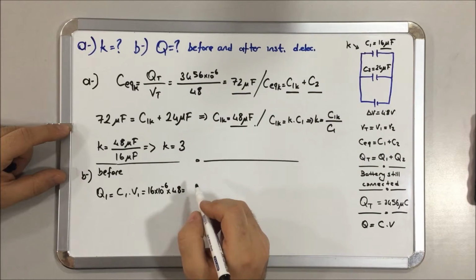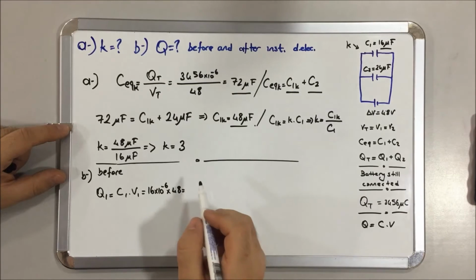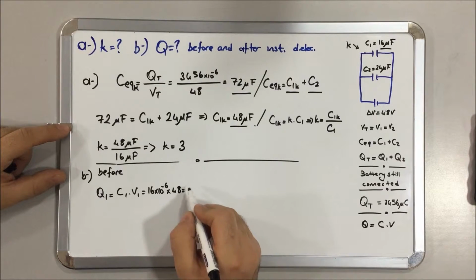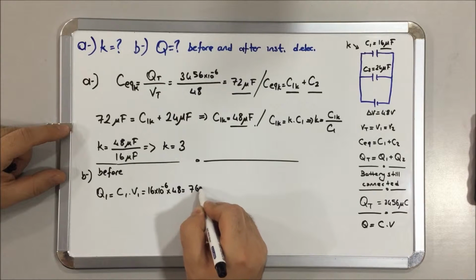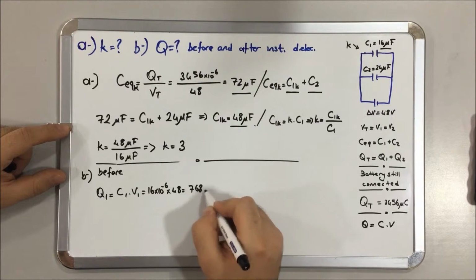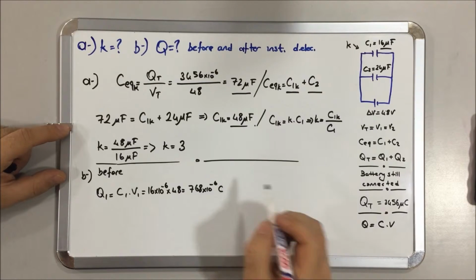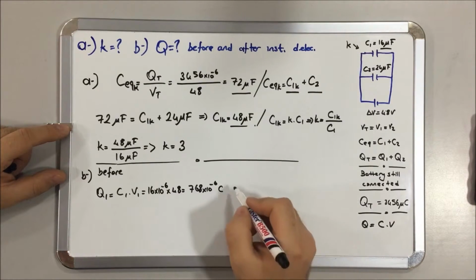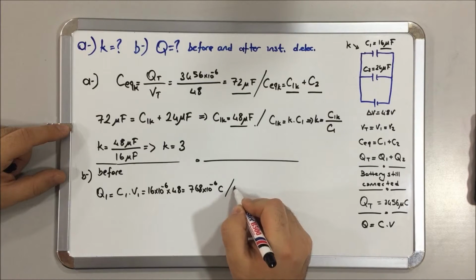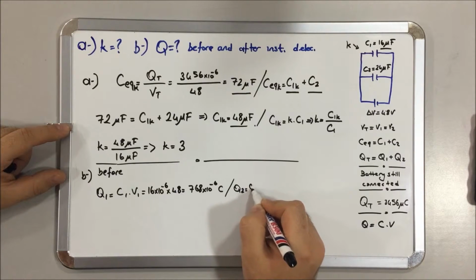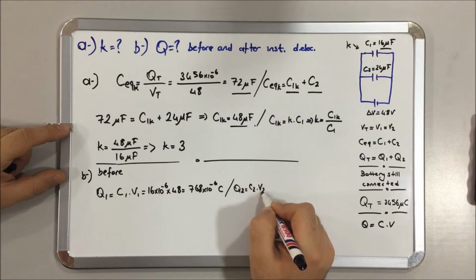So the result will be 768 times 10 to the power of minus 6 coulomb. And Q2 will be what? Q2, of course, C2 times V2.